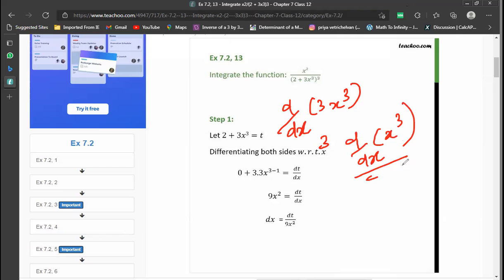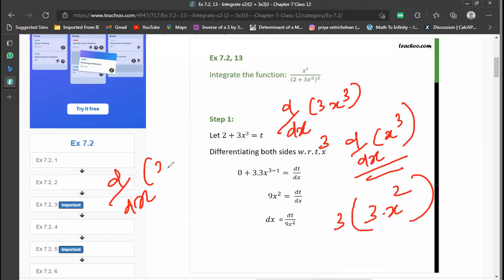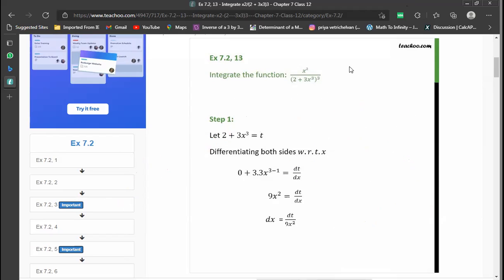And differentiation of x cube is 3 into x power 3 minus 1, which is 2, by using the power rule, n into x power n minus 1 rule. So dt by dx is 9x square. Just switch their position. Dx is equal to dt upon 9x square.